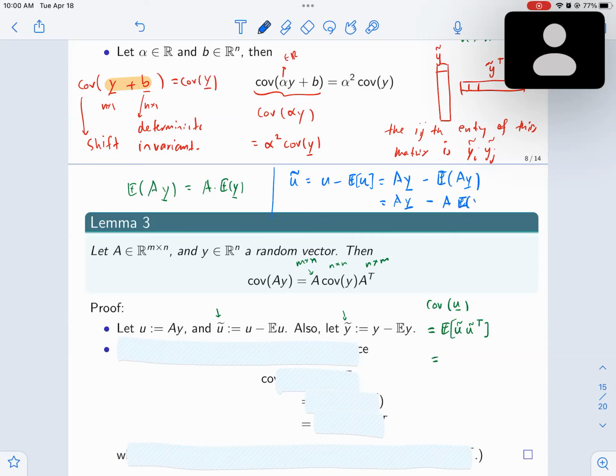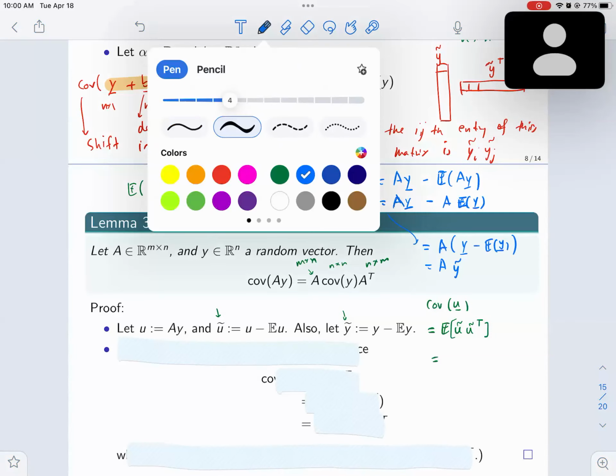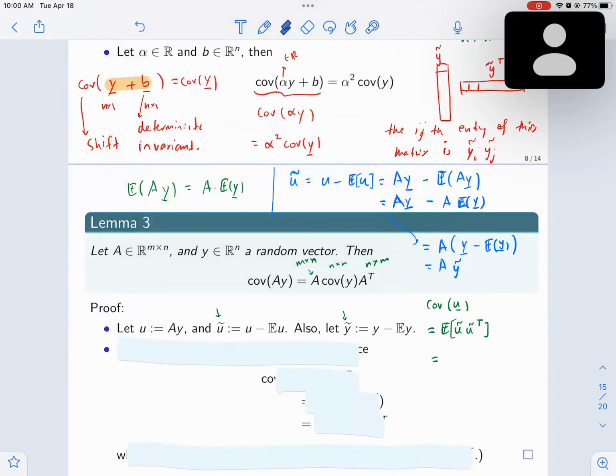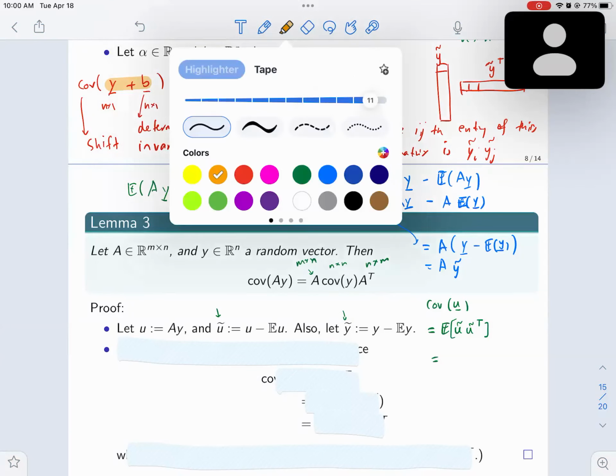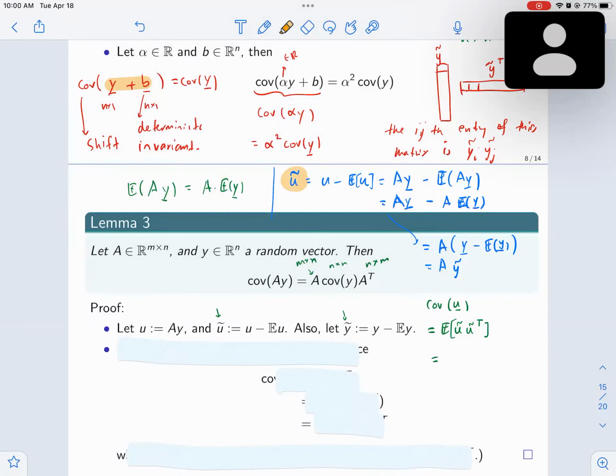Then you take one A out, factor it out, and you get A times y tilde. So this is equal to A y tilde.